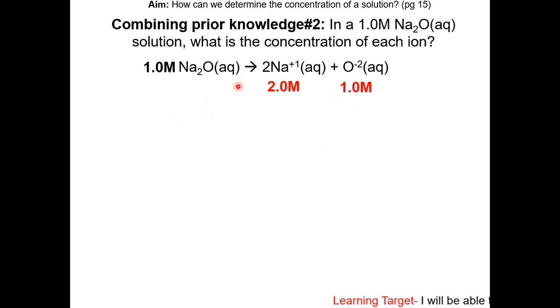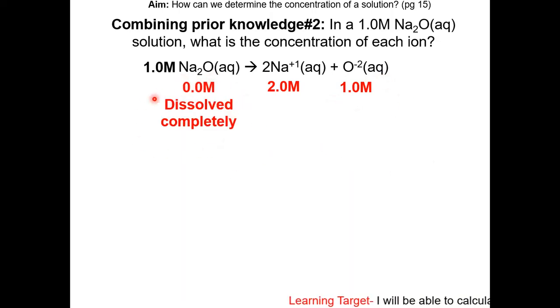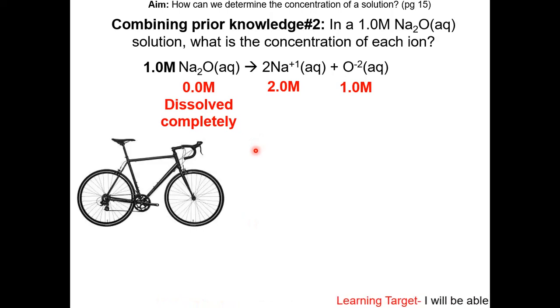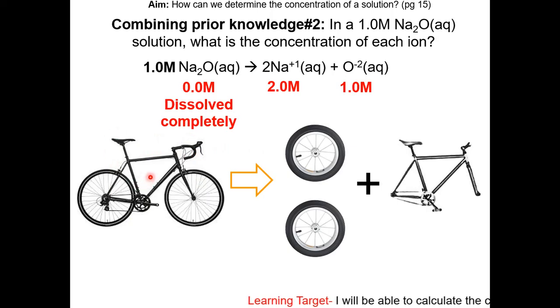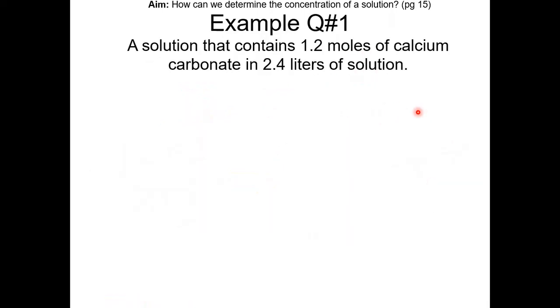Same as the previous example, Na2O will dissolve completely in solution, so the sodium ions will no longer be bonding to the oxide ion. An analogy to this would be a bicycle breaking apart. The bicycle represents the Na2O, the wheels represent the sodium ions, and the frame represents the oxide ion.